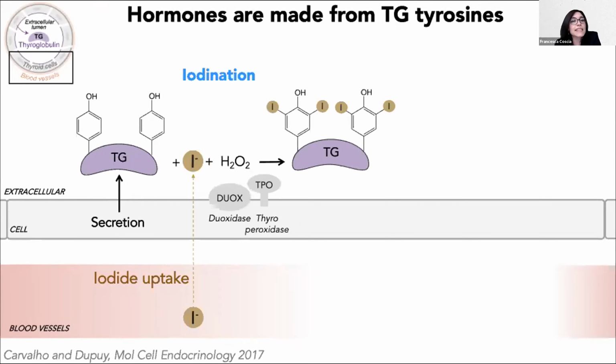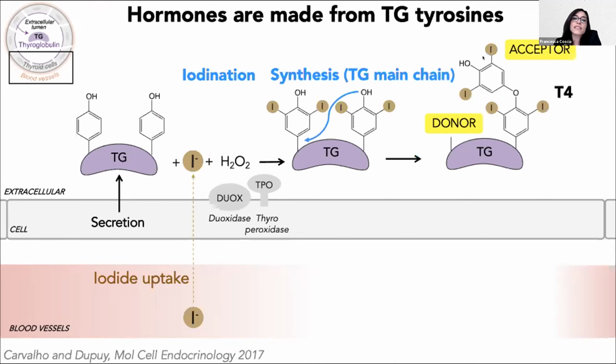So its tyrosines are enzymatically iodinated, and then an inter-side chain rearrangement reaction happens by which one ring is transferred to the other, thereby synthesizing the hormones directly onto the polypeptide chain of TG, in this case T4, in a position which is called the ring acceptor, and leaving an empty side chain or a dehydroalanine at the donor position.